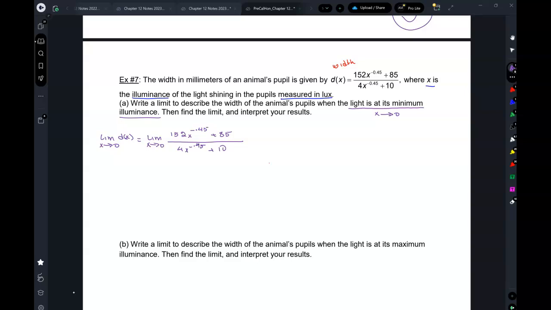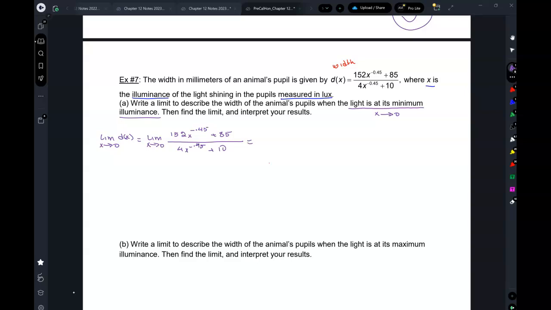Because we don't really deal with x to the power of negative 0.45. Okay, so let's see what exactly this is. And we want to be able to find a limit mentally, right?